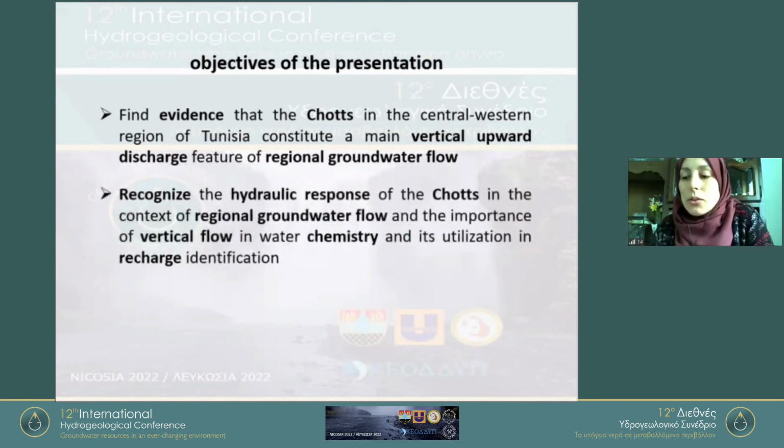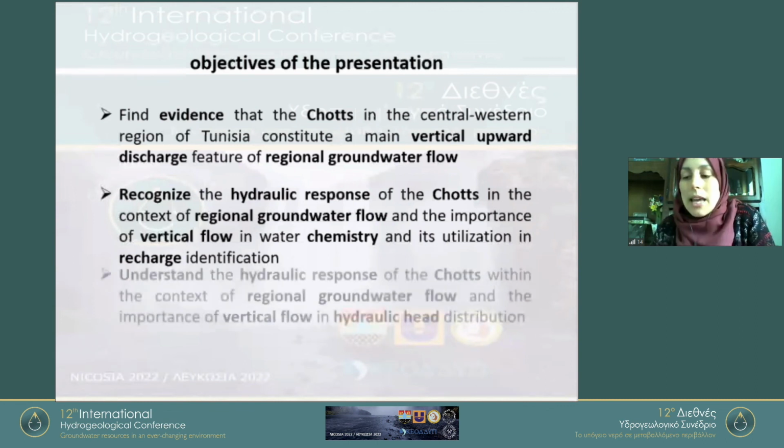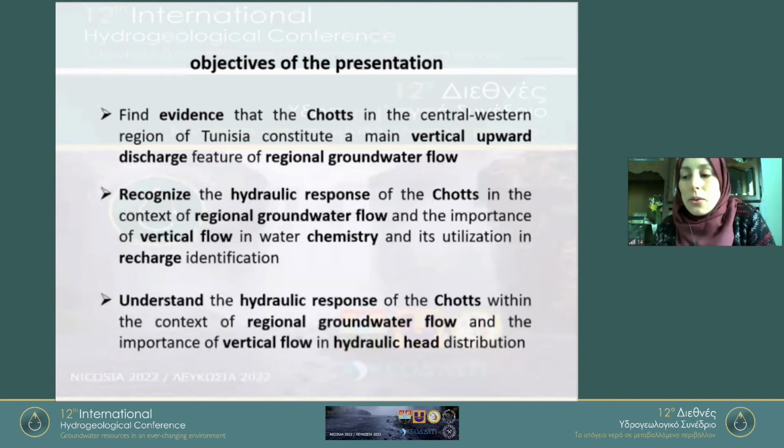We want to identify regional groundwater flow with the water chemistry of the shots by recognizing the hydraulic response of the shots, and to show the importance of vertical flow in hydraulic head distribution, where the hydraulic head should be measured at the bottom of the system.